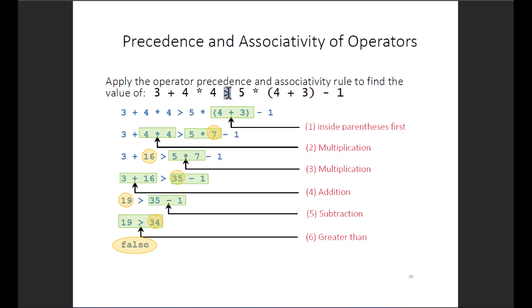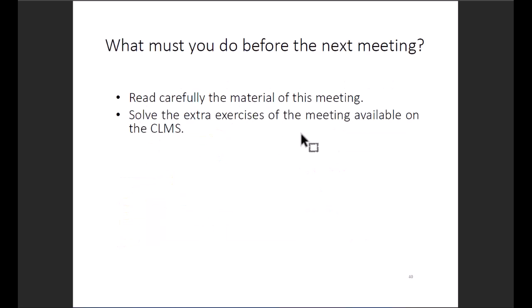So it will do the comparison at the end. So basically you definitely start with parentheses, then you go to the multiplications, then you go to the addition, subtraction, and finally you go to the comparison. So you can check this code and the result is going to be false. This is self-explanatory.